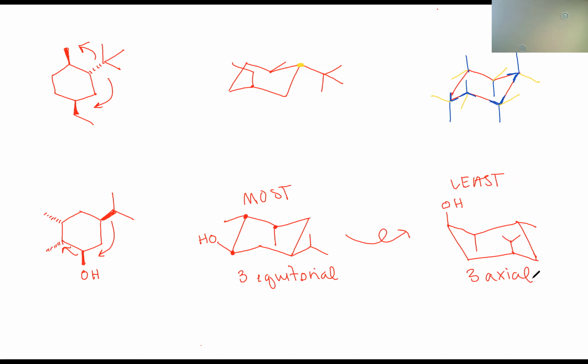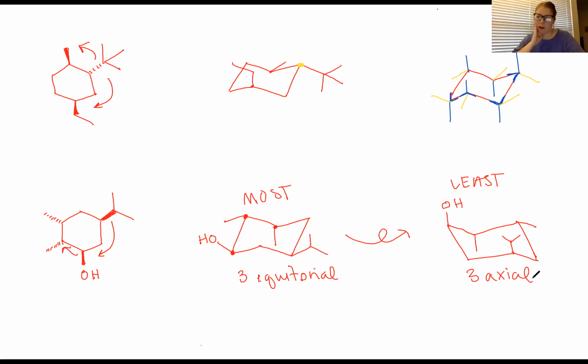Okay. Does that help with the chair conformations? Yeah, it helped. I don't know. I think I just need to practice it because every time I look at it, I get confused because I'm just not sure where it's supposed to go. But you said it doesn't matter where you start.